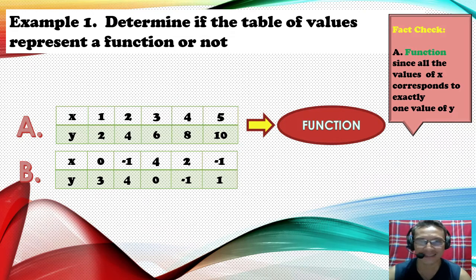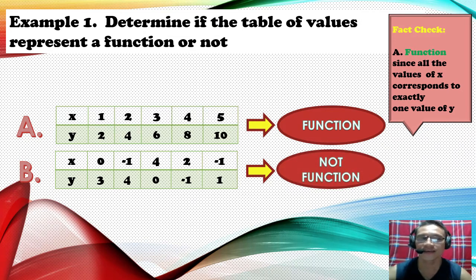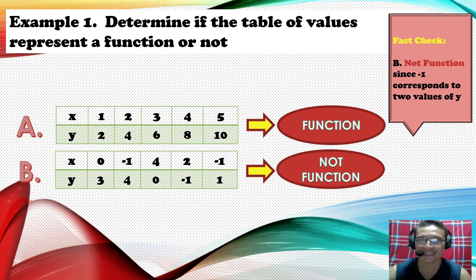So in that case, the table of values does not represent a function, since -1 corresponds to two values of y. One is positive 4 and the other one is positive 1. So in that case, this is not a function.